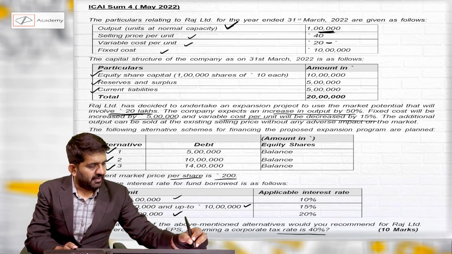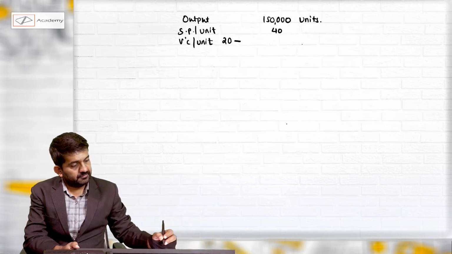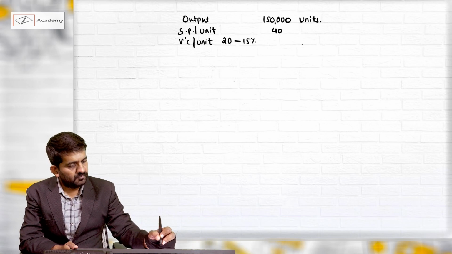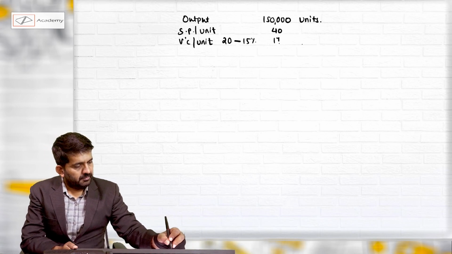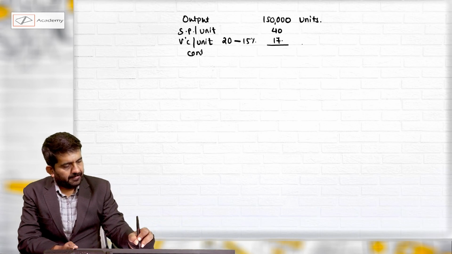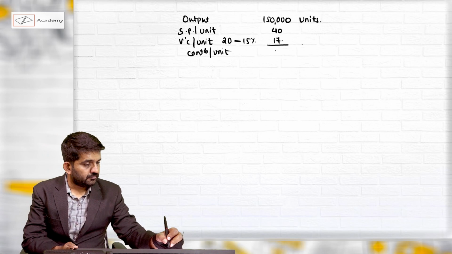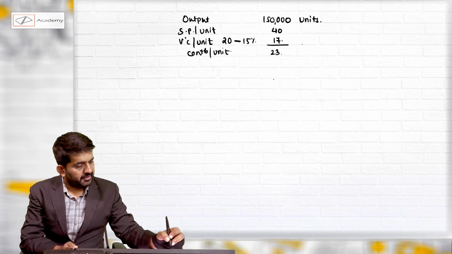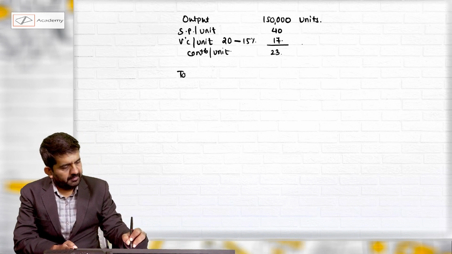So it will be 20 minus 15%, will be 17 rupees. What will be contribution per unit? Will be 23 rupees. What will be total contribution?